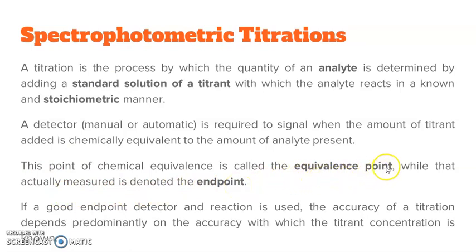So both are rather the same. If a good endpoint detector and reaction is used, the accuracy of the titration depends predominantly on the accuracy with which the titrant concentration is known. So if we use any endpoint detection method, the accuracy of the titration will be pinpointed, and the titrant concentration is always known.